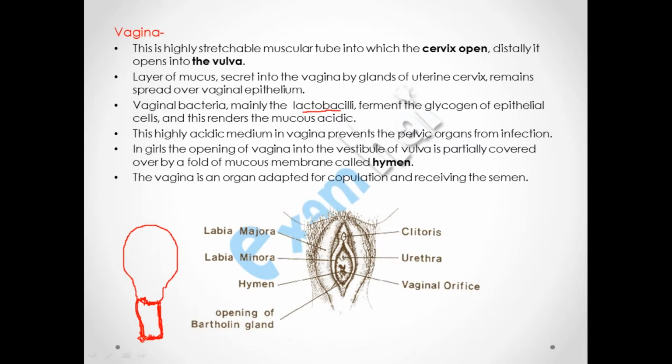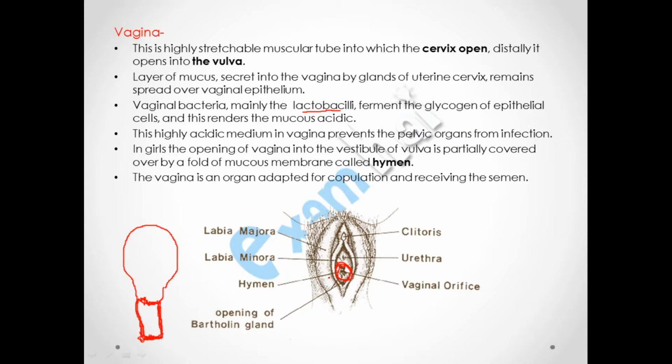So as I have discussed, the vulva has the hymen, as you can see in this diagram. This layer is the hymen, which is a transparent membrane. It's a kind of myth that people generally think that the presence of the hymen is responsible for the virginity of a female.